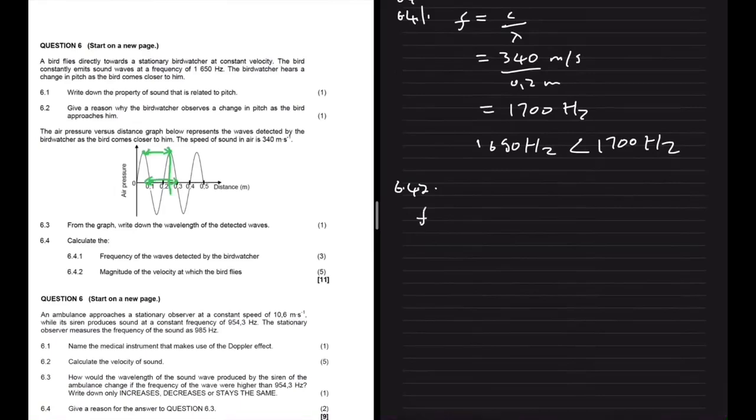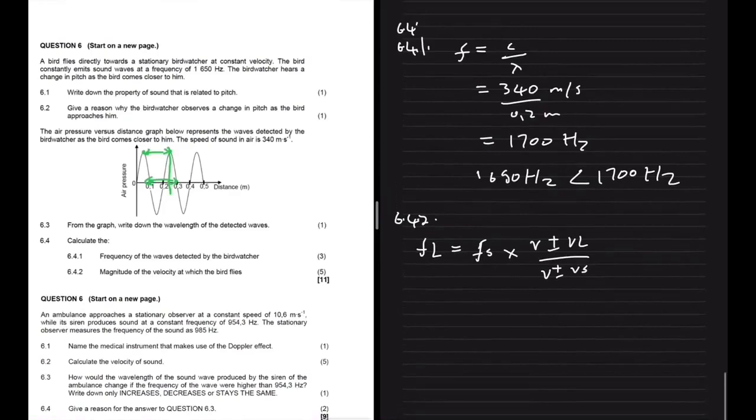Which is given by the frequency the listener observes equals the frequency of the source multiplied by the velocity plus or minus VL divided by V plus or minus VS. The frequency observed by the listener is 1700, which we calculated in 6.4.1.